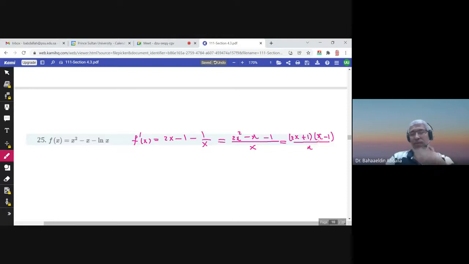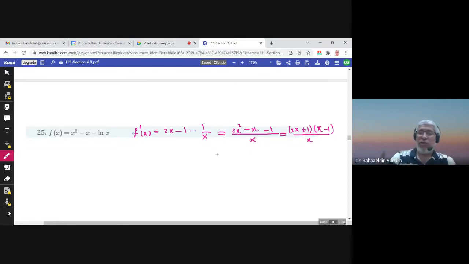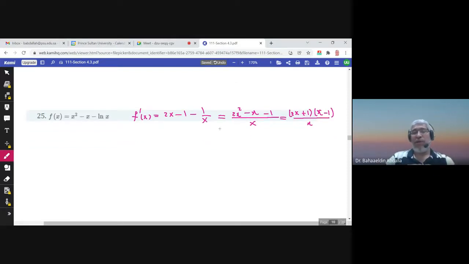So yeah, this factoring is correct. So I have f prime now. Notice that the domain of f, because we have ln x, is from 0 to infinity.